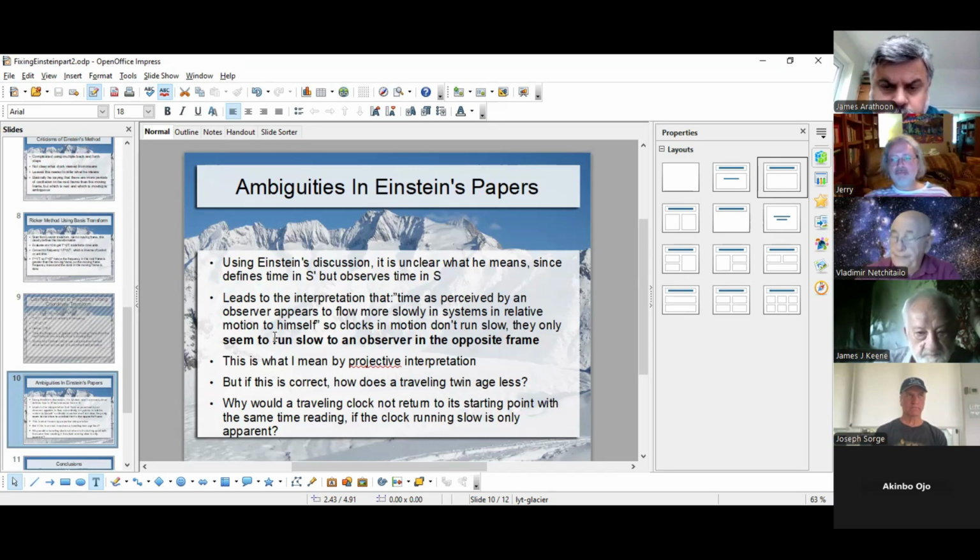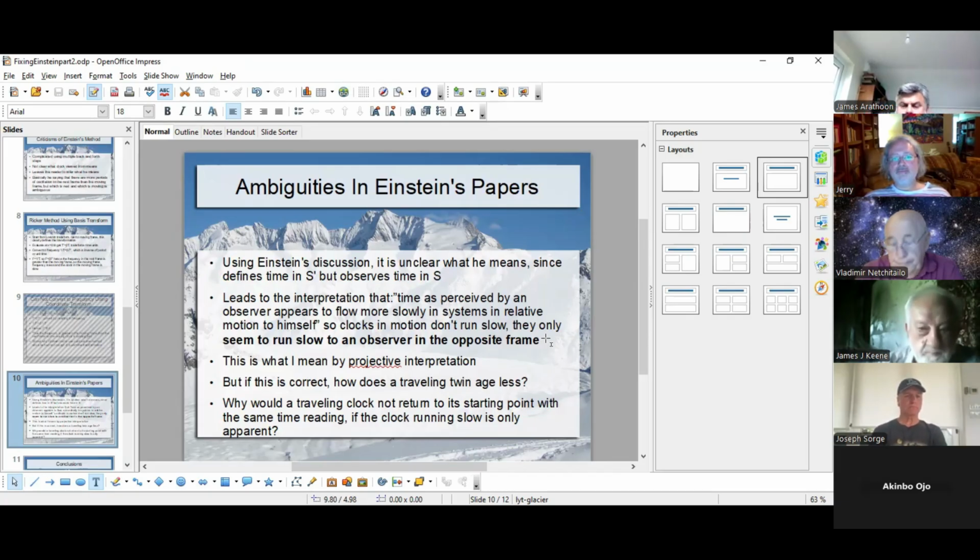There's this ambiguity, and it leads to the interpretation that, quote, time as perceived by an observer appears to flow more slowly in systems in relative motion to himself. That's a quote from Einstein. Not sure what that means. So clocks in motion don't run slow. They only seem to run slow to an observer in the opposite frame.